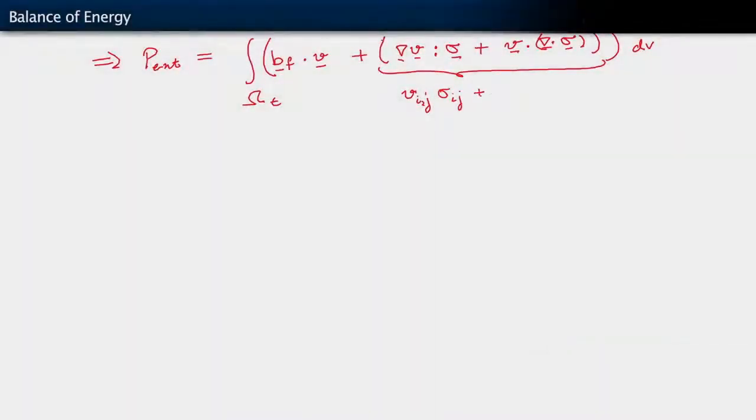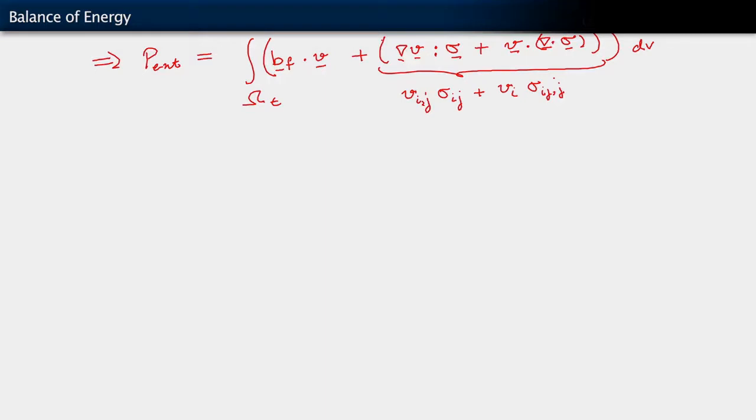Okay, and hence we write it above as spatial gradient of V contracted with sigma. The second term then is Vi sigma ij comma j. Okay, right, and that we see clearly to be V dotted with the divergence of sigma.